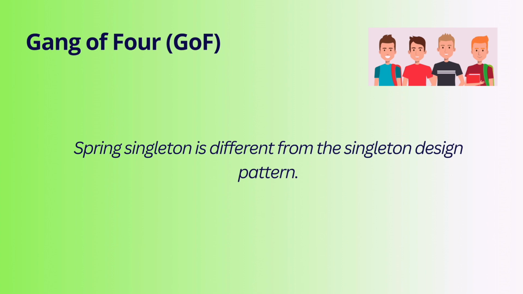Spring Singleton is different because we can have multiple containers, and in those multiple containers we can have multiple singleton objects. So if I have 5 containers, in all those 5 containers I can have 5 singleton objects. That is different. But in the Singleton design pattern, in that entire flow only one instance has to be there. That's why Spring Singleton is different from the Singleton design pattern.